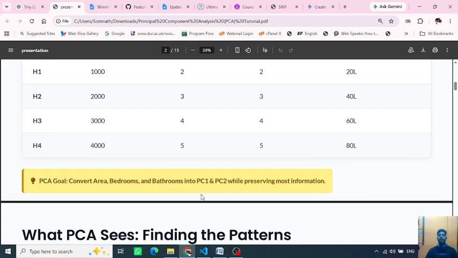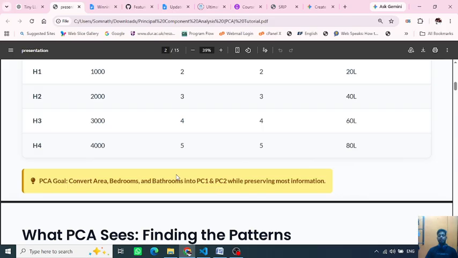Based on priority, I mean the percent of variance, it creates PC1, PC2 and so on. That means principal component 1, principal component 2, like this.